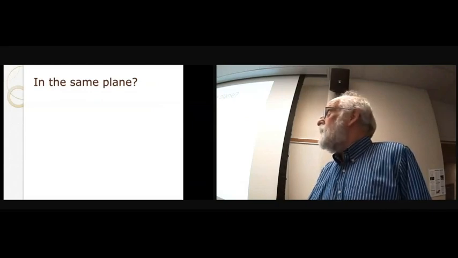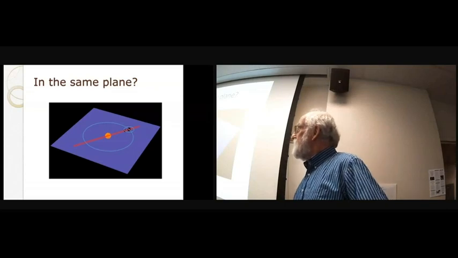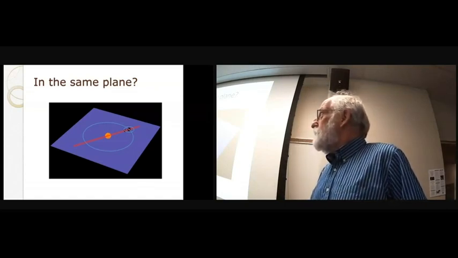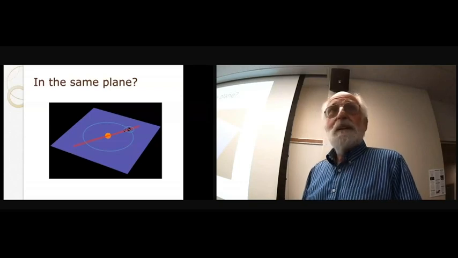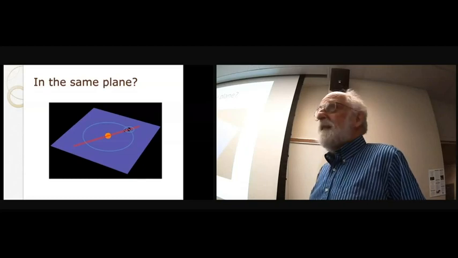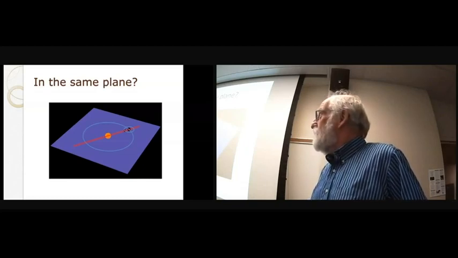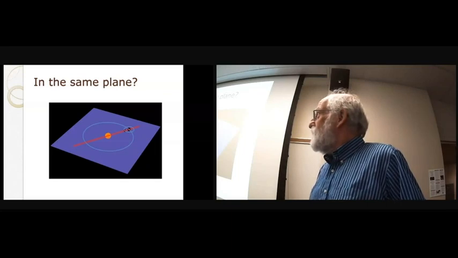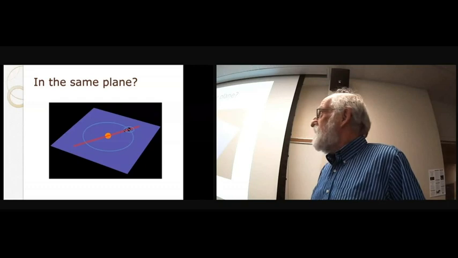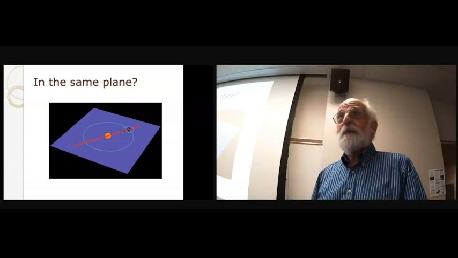Well, if it was the same plane, then it's pretty easy to see that we would get an eclipse basically every month. In fact, we would get a solar eclipse and a lunar eclipse every month. This picture makes it pretty obvious that they're going to line up every month. So we'd have lots of solar eclipses.